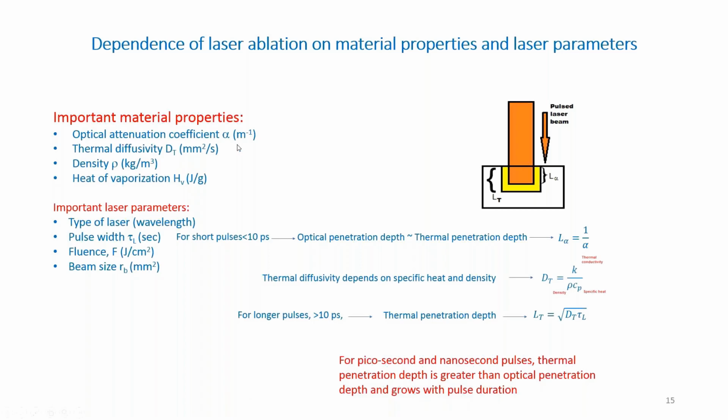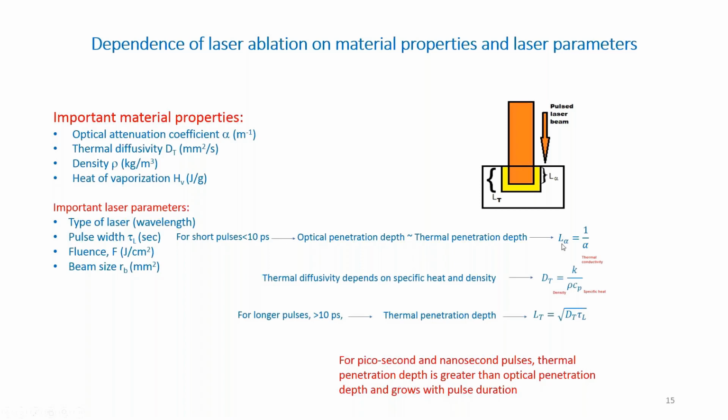This is related to how deep the beam of light penetrates into the material. If alpha is large, then it just doesn't penetrate that much. If alpha is small, it could go deeper. So alpha is inversely proportional to the optical penetration depth, L alpha.